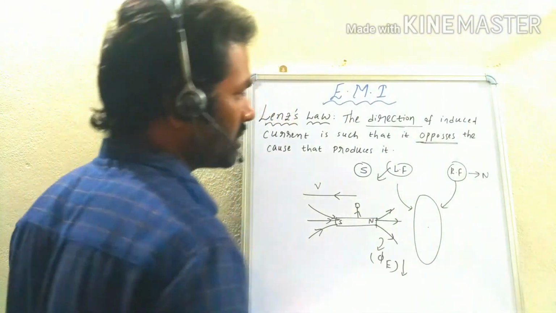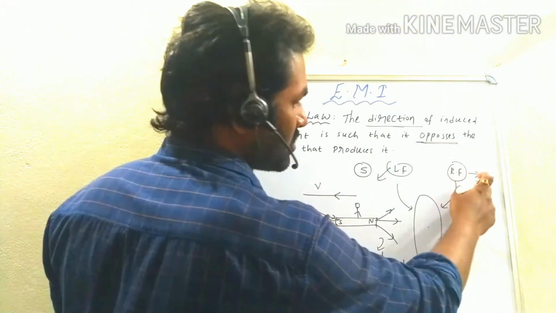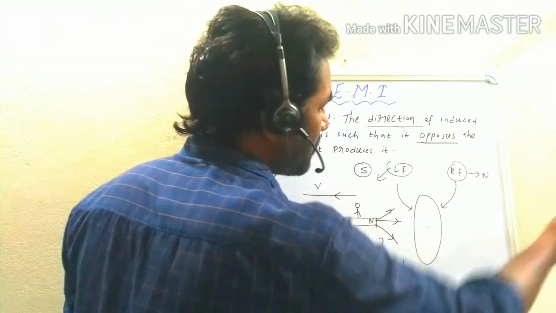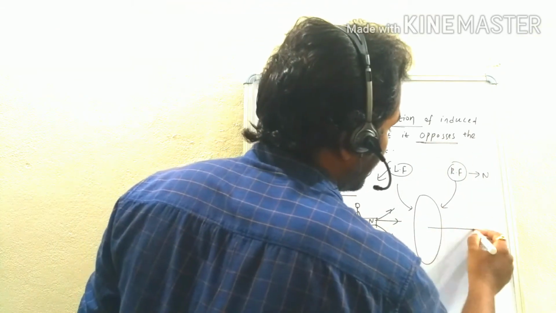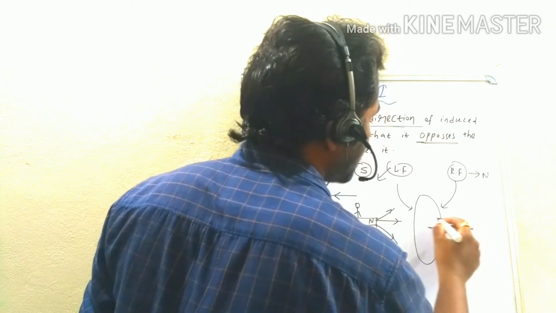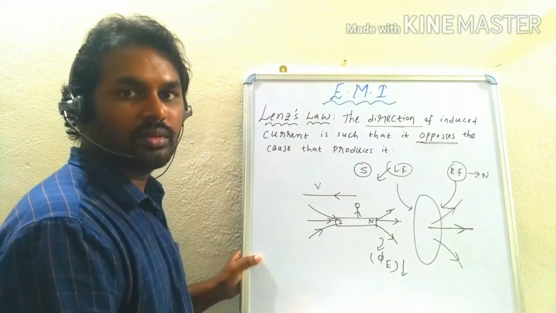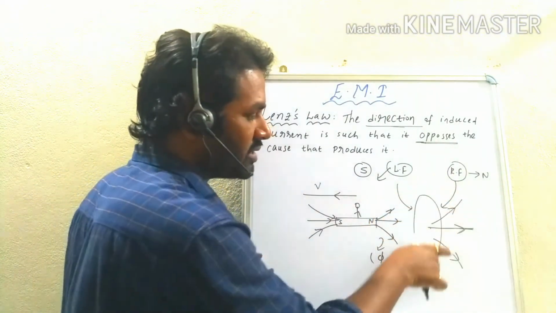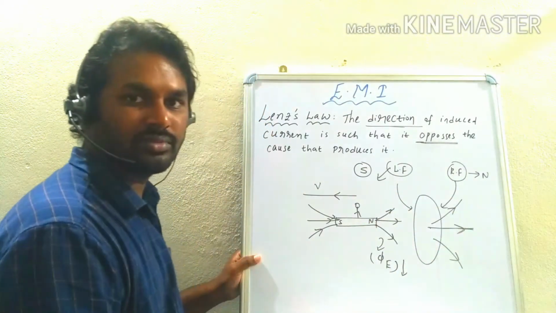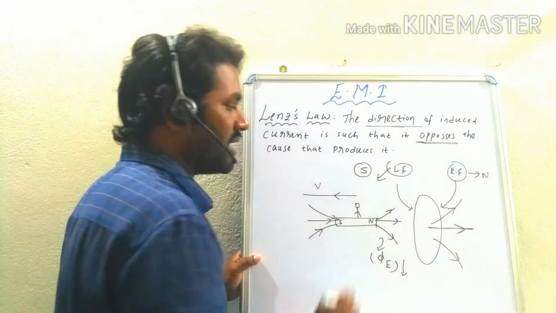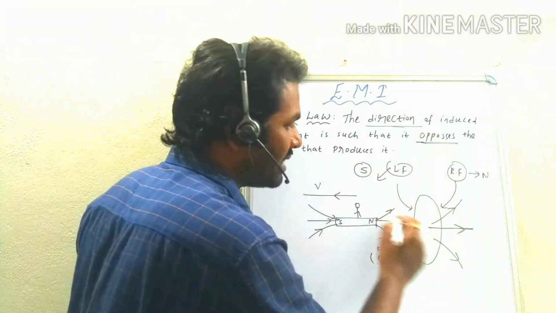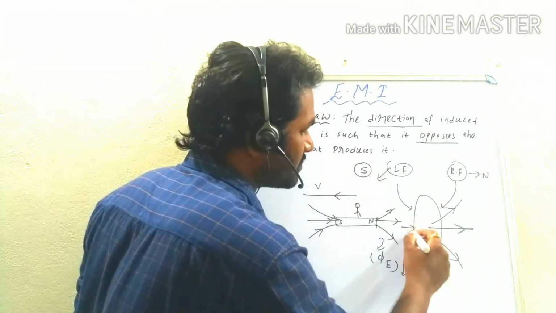You can see here, I'm taking the right face as the north pole, which means the field lines are being started from that side in this manner. On the right side, the field lines are starting. On the left side, the field lines are entering into the face in this way.